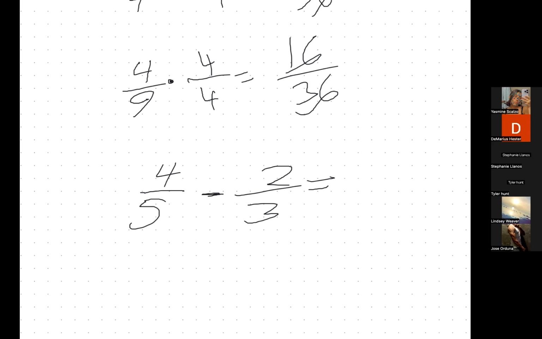Are we simplifying this or no? Sure, simplify it. Here's the quiz for you.